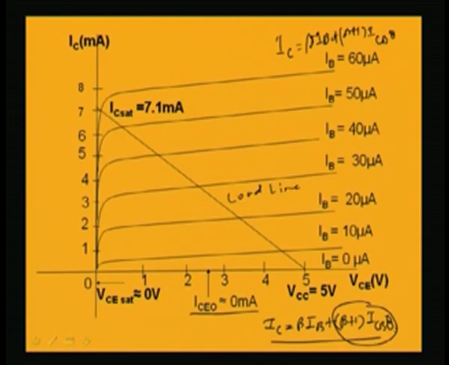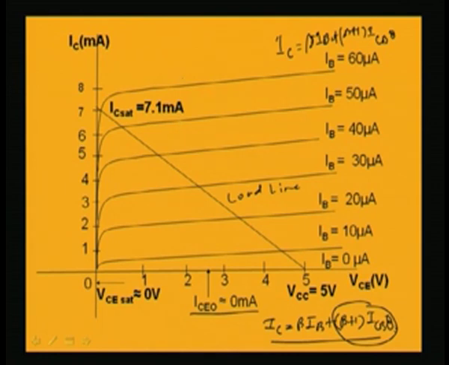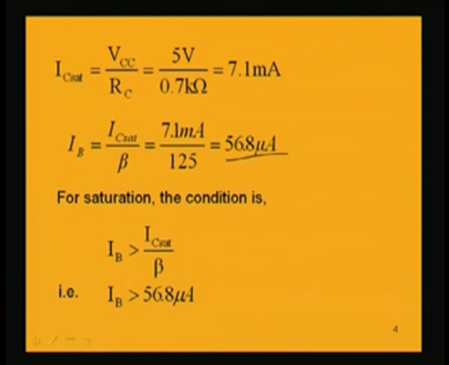And when the transistor is in saturation, we know that the collector to emitter voltage will be 0. So, for saturation to happen, the condition is that the base current is more than IC saturation by beta, or 56.8 microampere in this particular example.